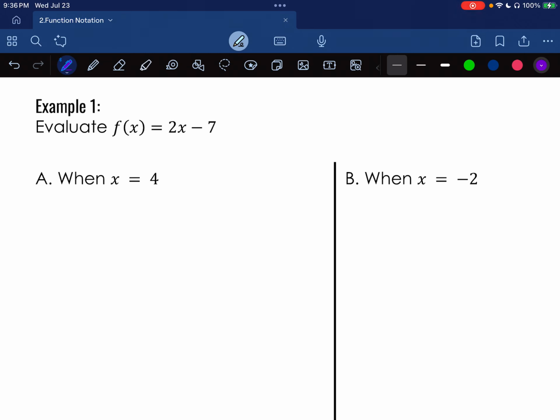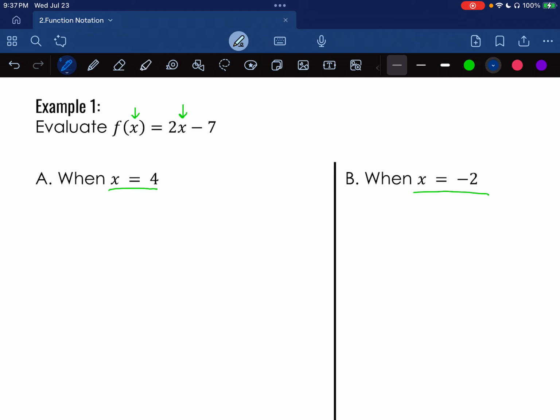All right, so example 1, I have a function here called f. I want you to evaluate f of x is equal to 2x minus 7 at different points. Here I said when x is 4, and here when x is negative 2. Everywhere there's an x, I'm going to plug in that 4, just like we did when we were evaluating expressions at the beginning of the year, and then I'll simplify.